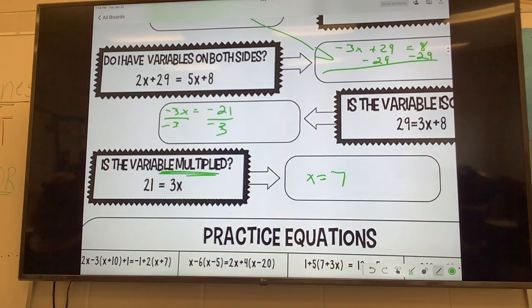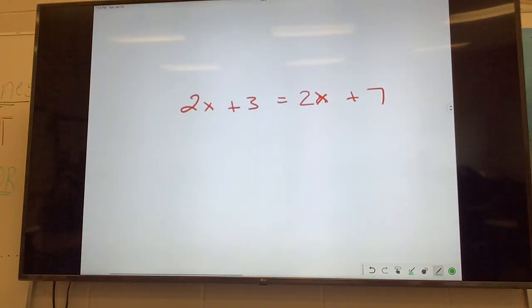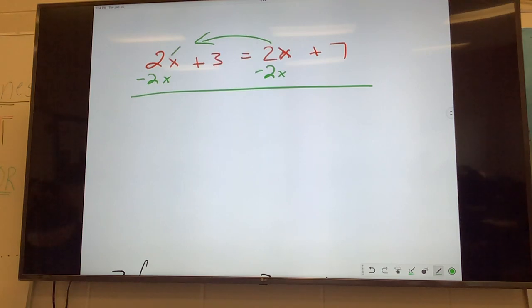So let's just go further and let's look at this. Sometimes you may have an equation that looks like this. Okay? Pay attention, girls. Well, I'm going to move the 2x over, so I subtract 2x. And look what happens. 2 minus 2, it cancels out. I'm left with 3, but over here it also canceled out.